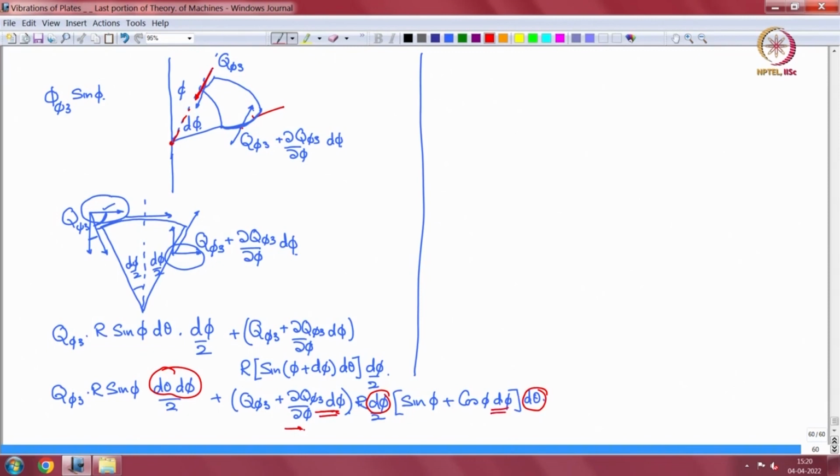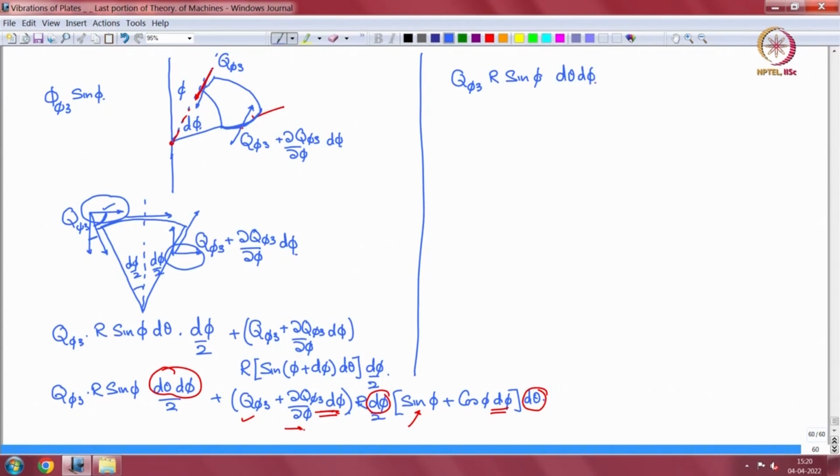So I will take this multiplied by this and the differentials. That is the same actually. So that gives me q phi 3 r sine phi d theta d phi.